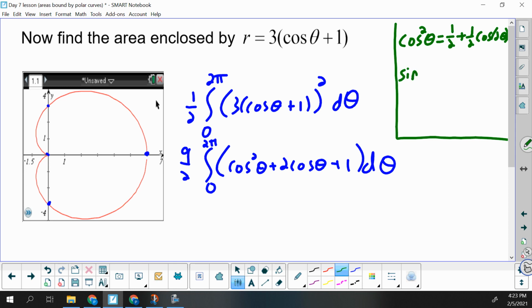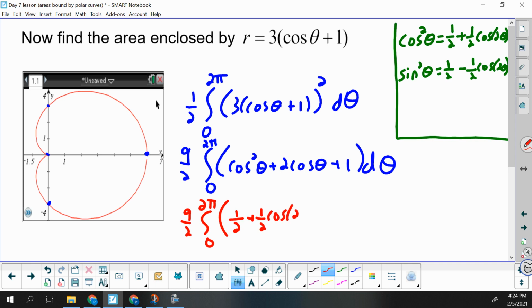And we had sine squared was the same thing but with a subtraction: 1/2 minus 1/2 cos 2 theta. And what that did is it reduced the power so that then we could take the antiderivative of it. So what we're going to have here, we'll have 9 halves, integral from 0 to 2 pi, but instead of cos squared theta, we're going to have 1 half plus 1 half cos 2 theta, and then the rest of the stuff will stay the same.